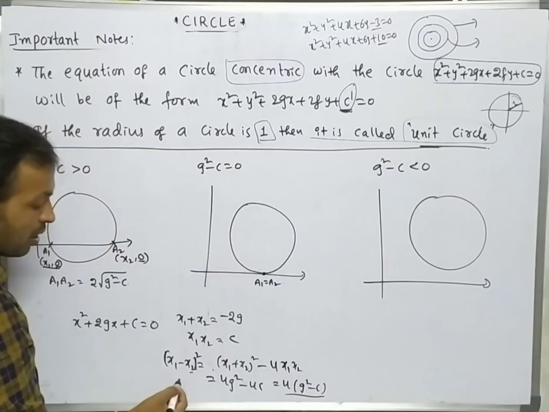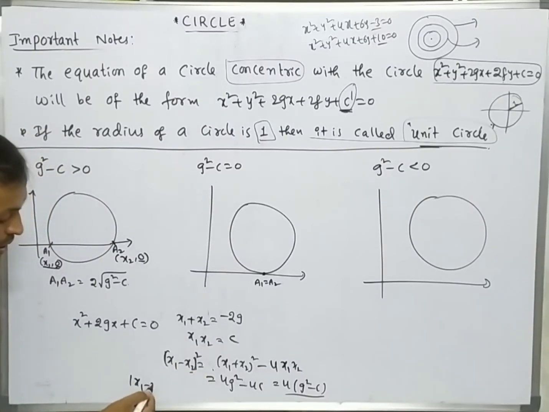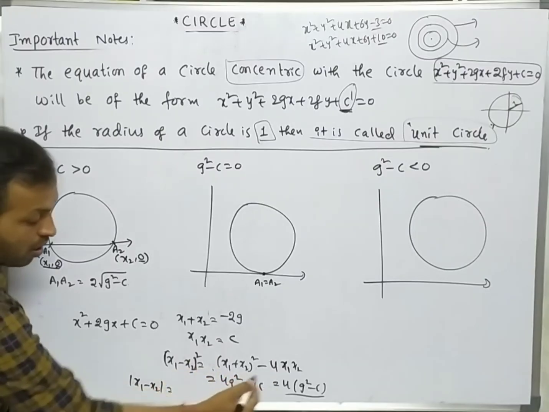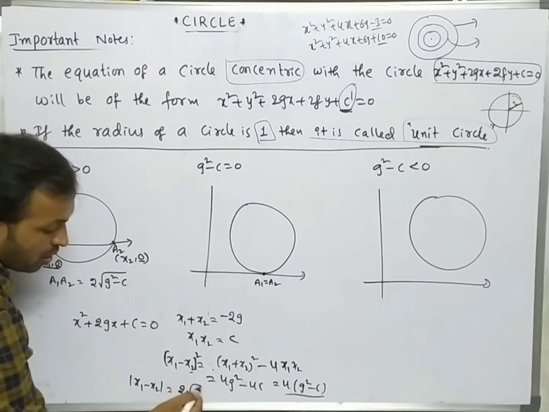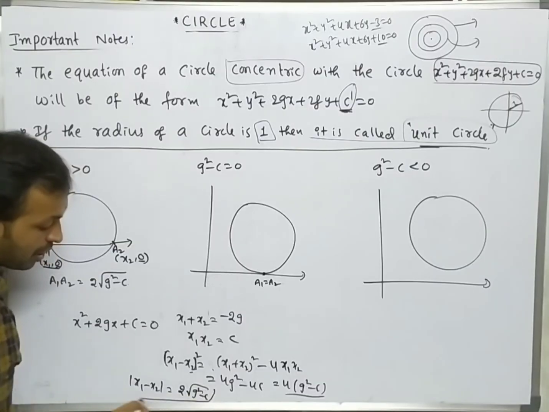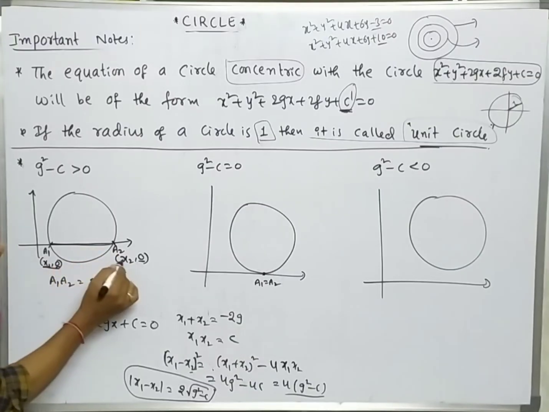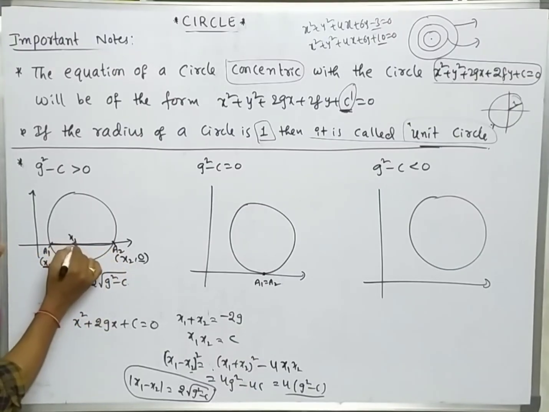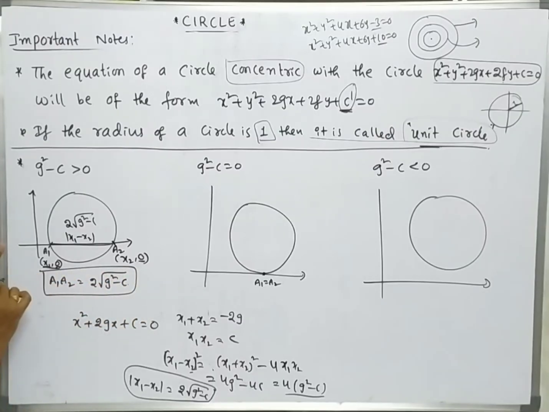So this is the value of x1 minus x2 whole square. Applying square root on both sides, mod x1 minus x2 is equal to 2 into the square root of g square minus c. This is the distance between a1 and a2, that is the x1 minus x2 distance. So a1 a2 is equal to 2 into the square root of g square minus c.